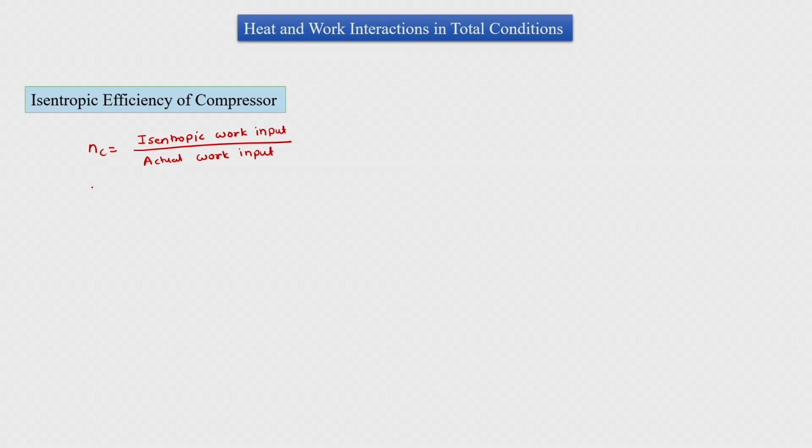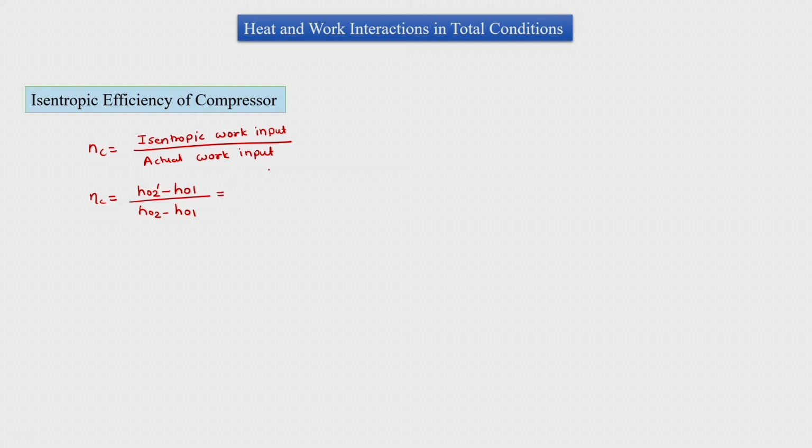So, we have eta C, isentropic work input will be H naught 2 dash minus H naught 1. This was actual work input, but ideally we will get H naught 2 minus H naught 1.